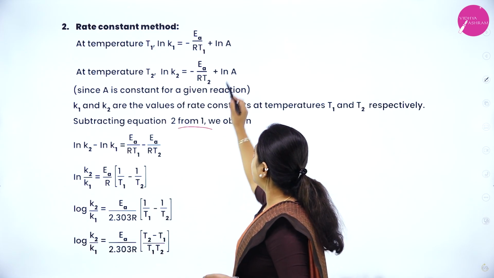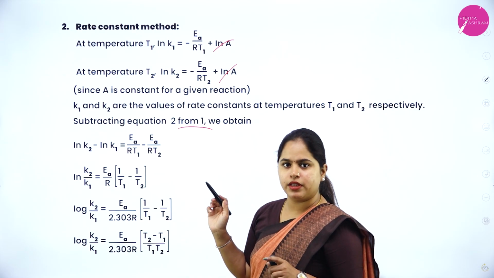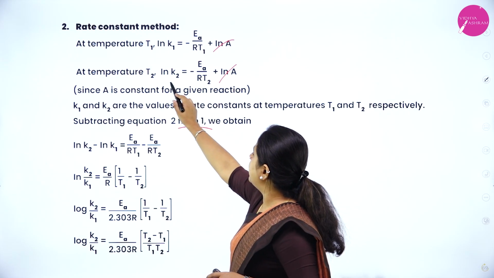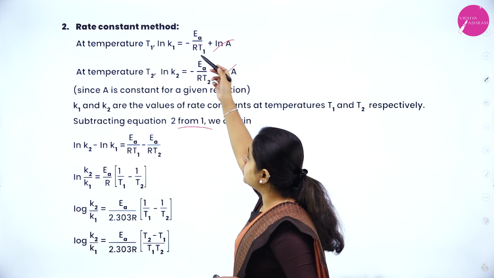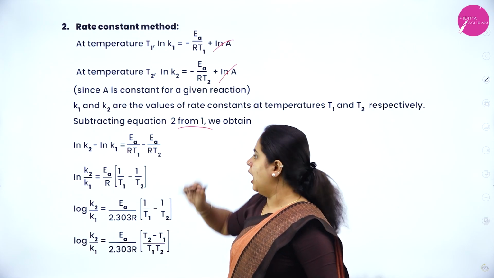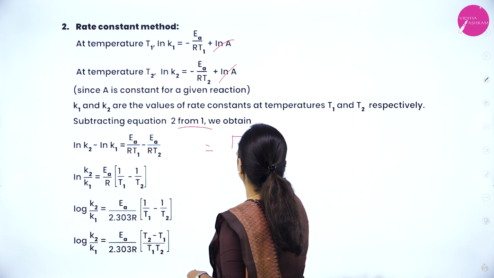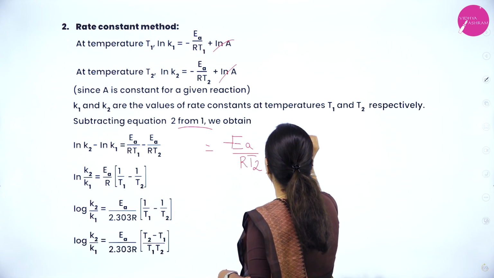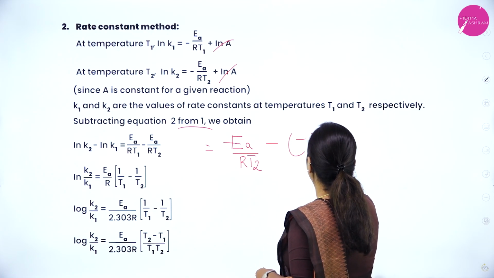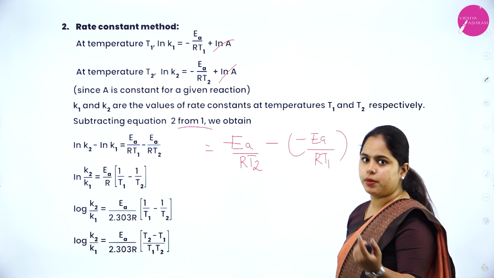Okay, so now what happens? This ln A is the same, so if we subtract it, that will be cancelled out. Now ln K2 minus ln K1 will be minus Ea by RT2 minus of minus Ea by RT1. So that is what you are going to get. Now minus and minus will become plus.